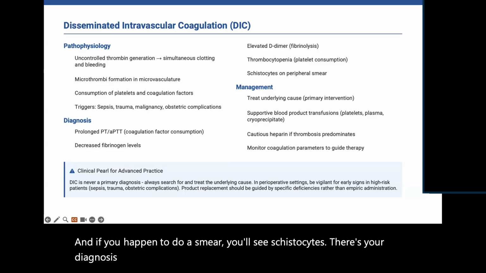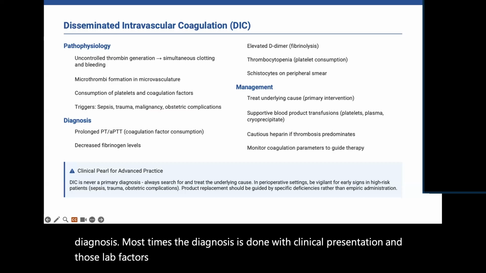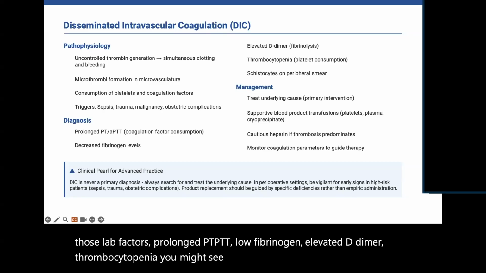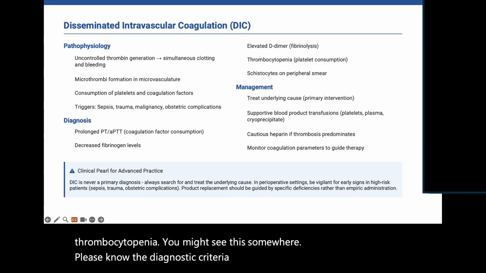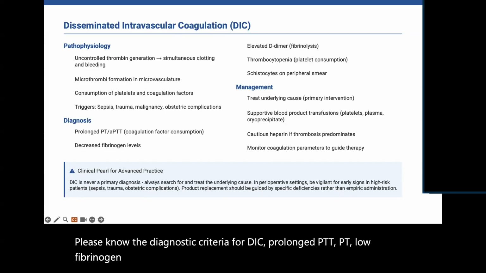Most times the diagnosis is done with clinical presentation and those lab factors, prolonged PT-PTT, low fibrinogen, elevated D-dimer, thrombocytopenia. Please know the diagnostic criteria for DIC. You may see that somewhere.